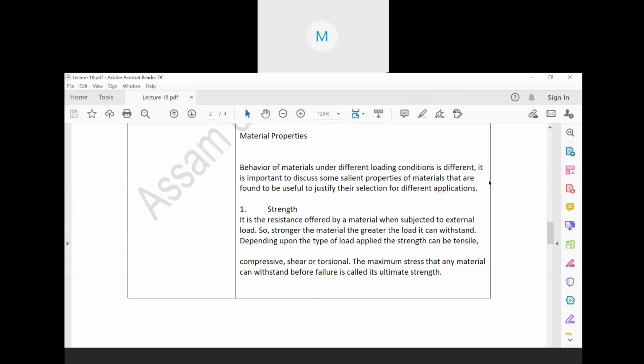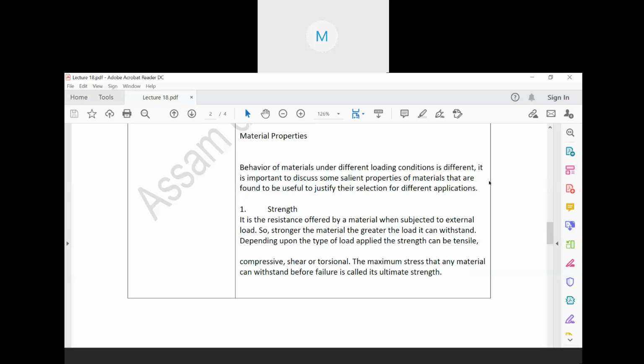So what is actually strength? Strength is the resistance that is being offered. As I am discussing, if you are pulling certain material, that material won't get pulled so easily, right?